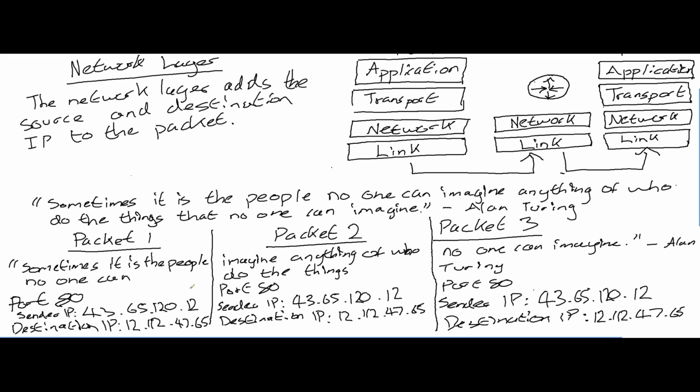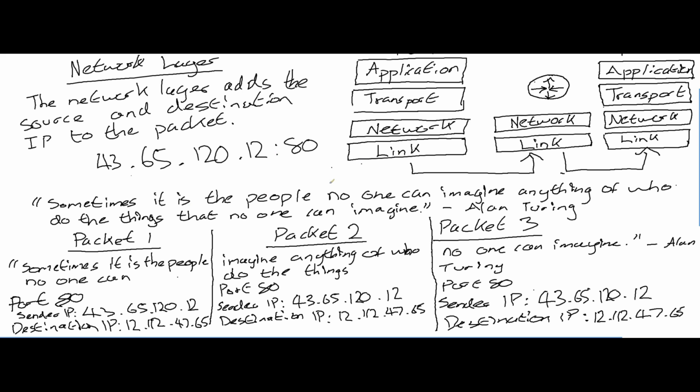An example of a socket in this example could be 43.65.120.12:80, because we're using port 80, so that's a socket. If you want to know more about sockets, you can look at my specific networking videos on sockets and ports and things like that.